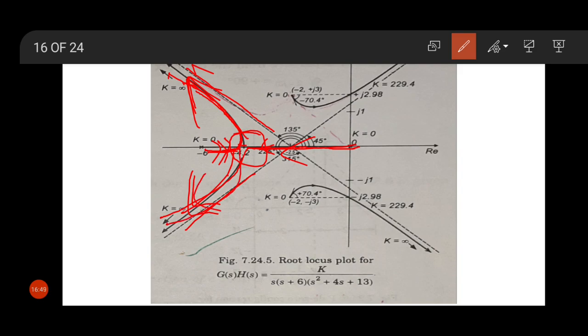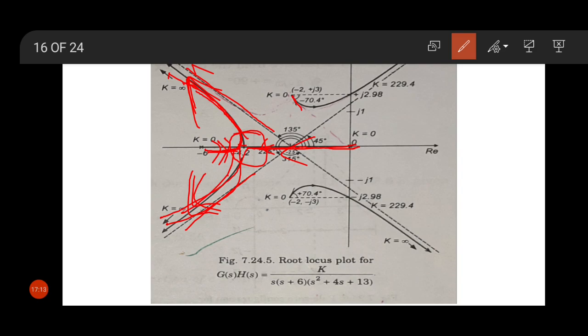Okay, and we have another 2 poles. One is -2 plus j3 and another is -2 minus j3. So see, from -2 plus j3 locus starts in this way at angle -70.46. That means angle of departure at -2 plus j3.